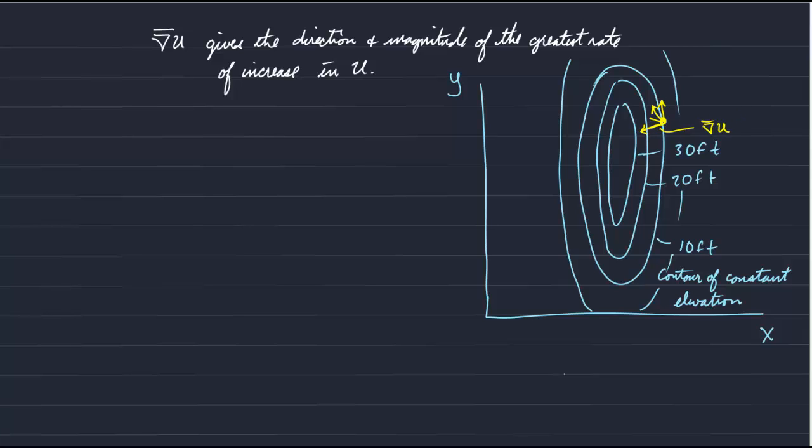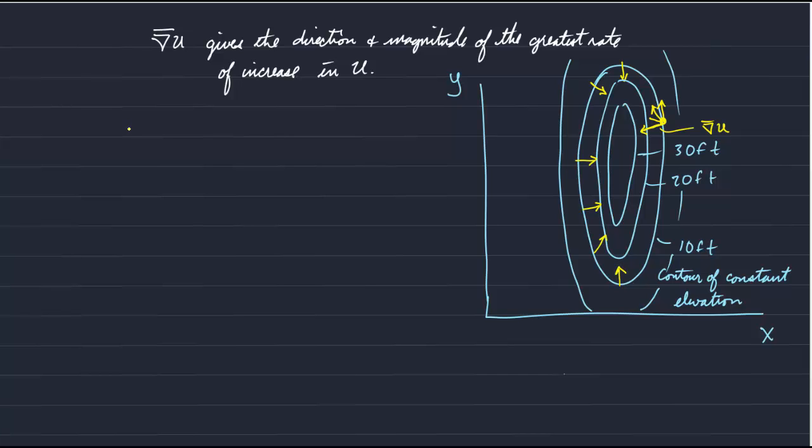So again, the gradient of u is directed directly uphill in this case. It's perpendicular to the contours. If we were to sketch gradients at various places, we would sketch them perpendicular to contours. Again, these are directions going directly uphill.